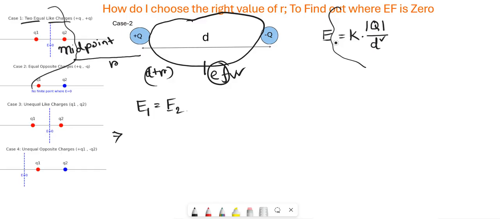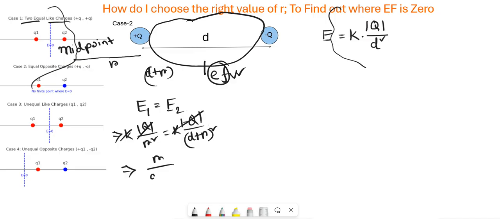Let's plug in the values: E1 is the constant K and Q divided by R square, and E2 is Q divided by D plus R whole square. Inside the mod any value will be positive, so this Q and this Q cancel out. R divided by D plus R whole square equals 1.